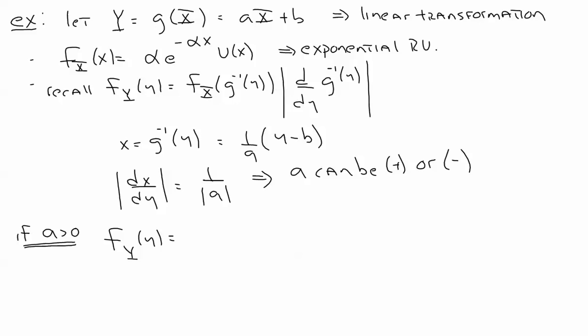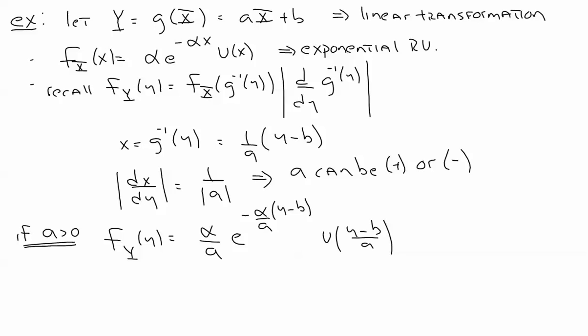I'm going to get an alpha over a times e to the minus alpha. Now where I have an x, I have to substitute in g inverse, I get y minus b over a. And then I have to also substitute y minus b over a in my step function.